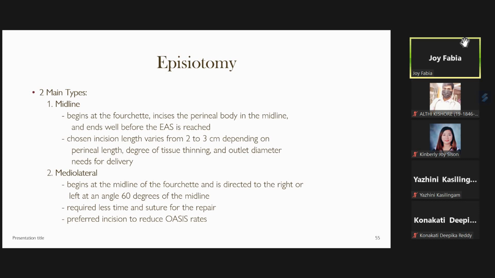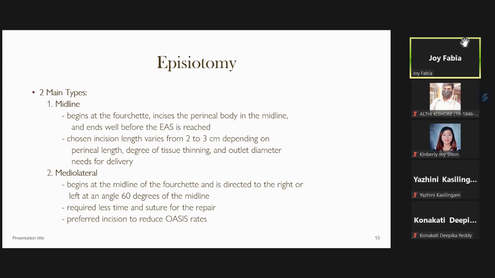The chosen incision length varies from 2 to 3 centimeters depending on perineal length, degree of tissue thinning, and outlet diameter needs for delivery. The midline episiotomy is okay for those patients who have a wide or thicker, longer perineum.